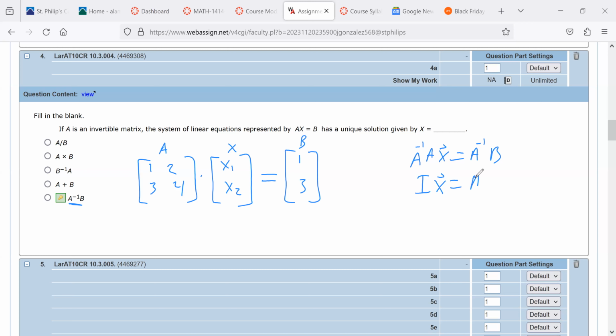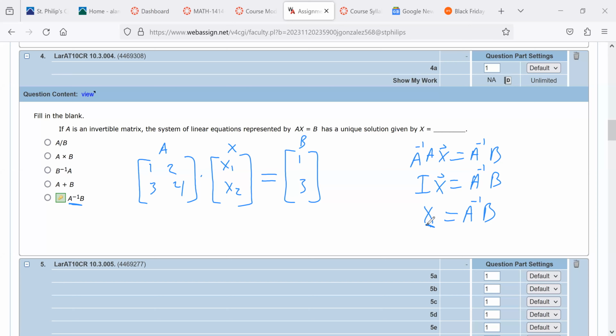So this right here is a solution for x. So x is equal to A inverse b. If you find the inverse and multiply it times b, you can get x.